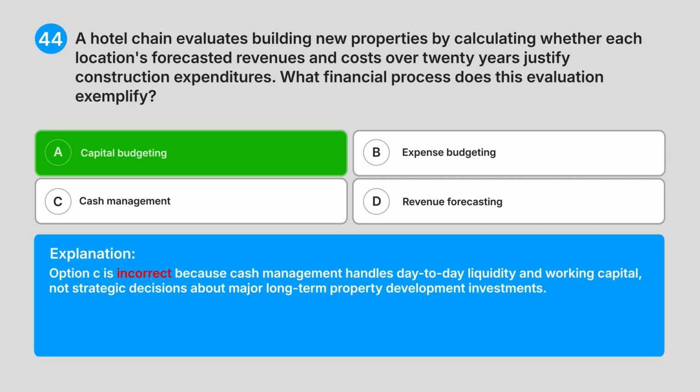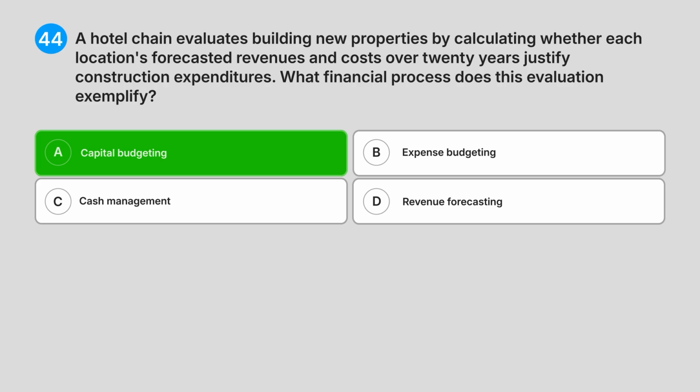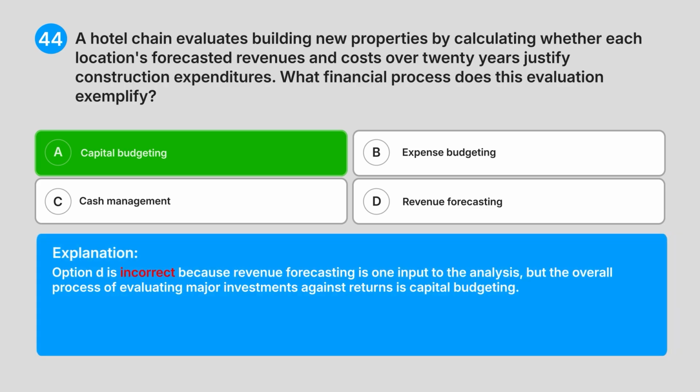Option C is incorrect because cash management handles day-to-day liquidity and working capital, not strategic decisions about major long-term property development investments. Option D is incorrect because revenue forecasting is one input to the analysis, but the overall process of evaluating major investments against returns is capital budgeting.